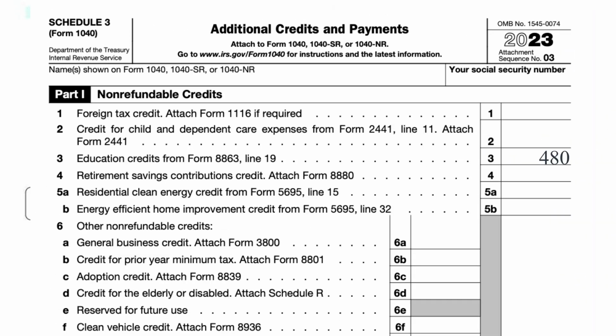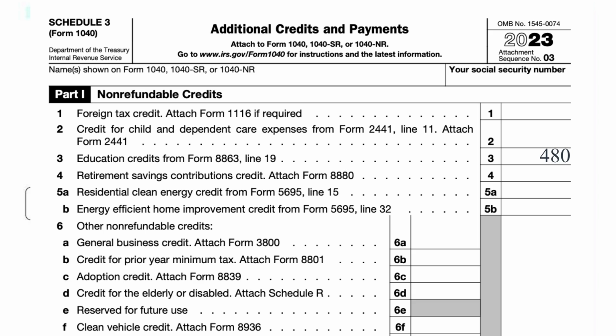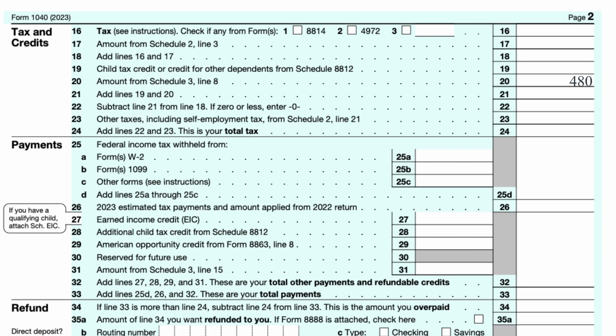Now moving on to line 5. A common reason to fill out line 5 would be if a taxpayer installed solar panels. Form 5695 needs to be completed. Once Schedule 3 is filled out to completion, we can enter the total amount from Schedule 3, which was $480, here on line 20 of Form 1040.